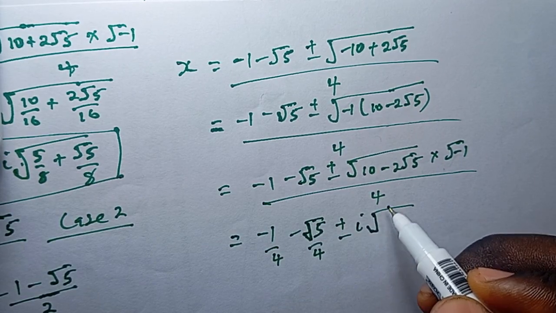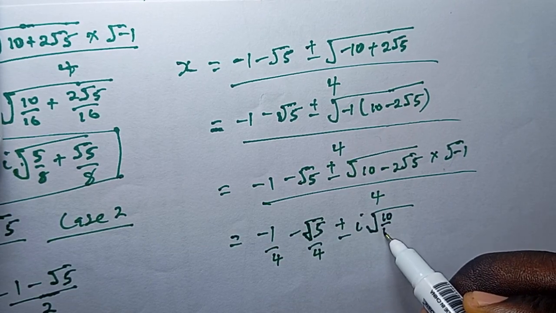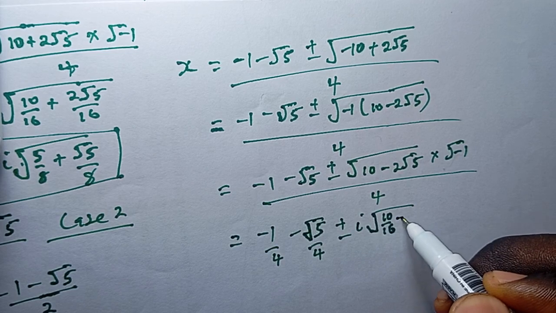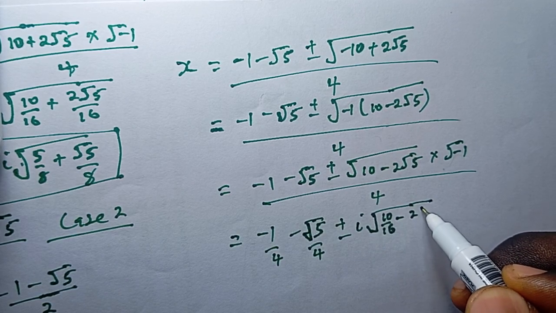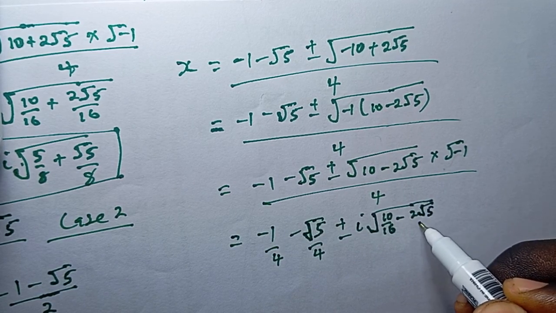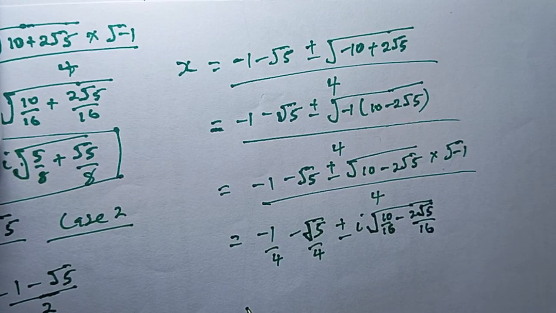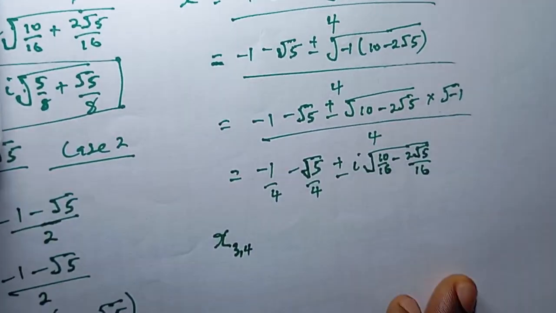I'm going to push this 4 inside, so I'm going to be having 10 over 16 and then minus 2 root 5 over 16.